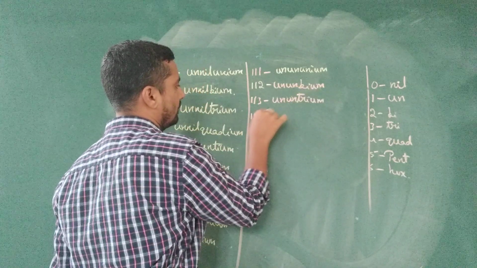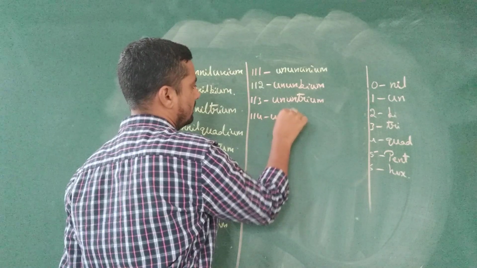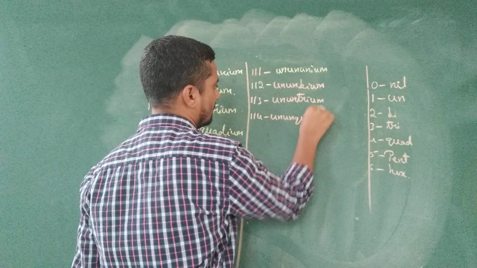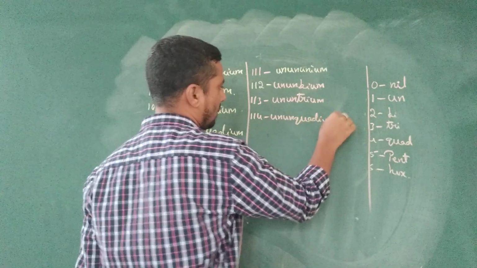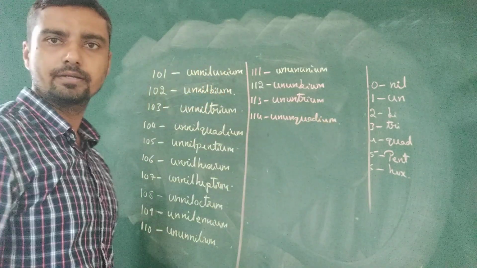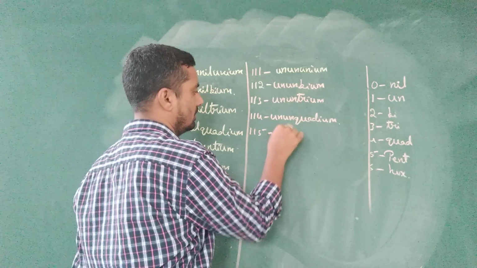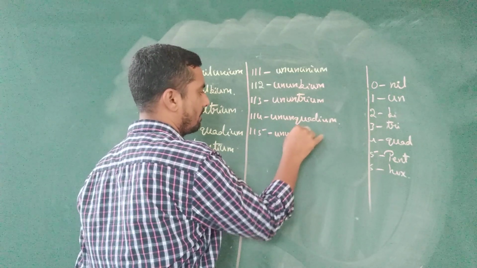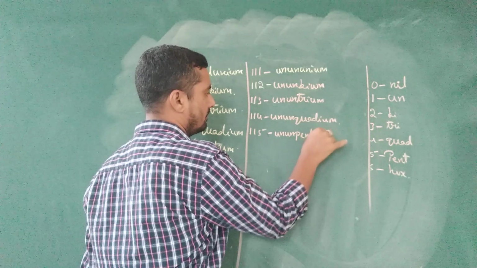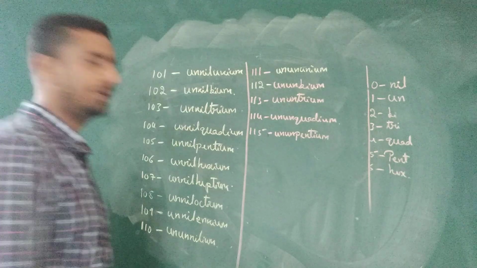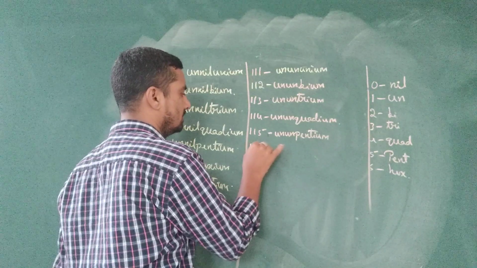So we go for 114 and that is unquadium, right? We go for 115 and that is unpentium. If it is 116, that is unhexium, right?